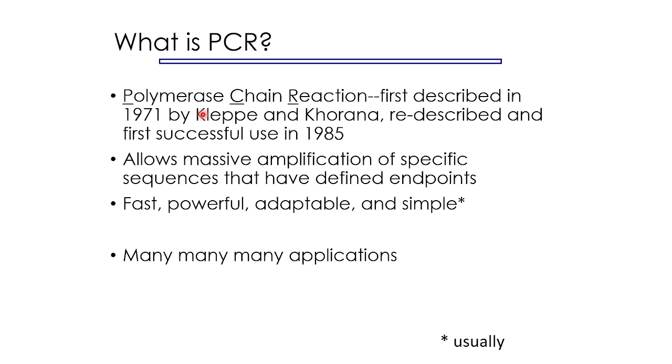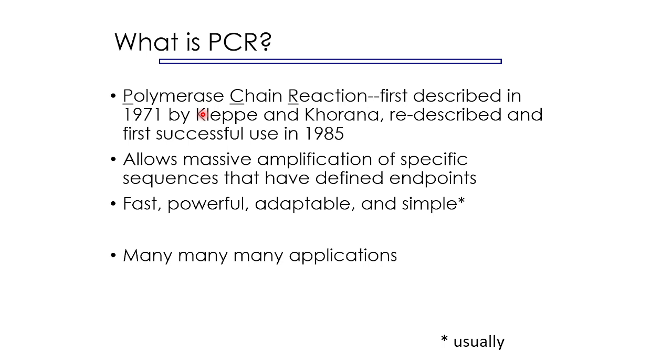Now coming to another technique, which is PCR, that is the polymerase chain reaction. It was first described in 1971 by Kleppe and Khorana. It was successfully performed in the year 1985.